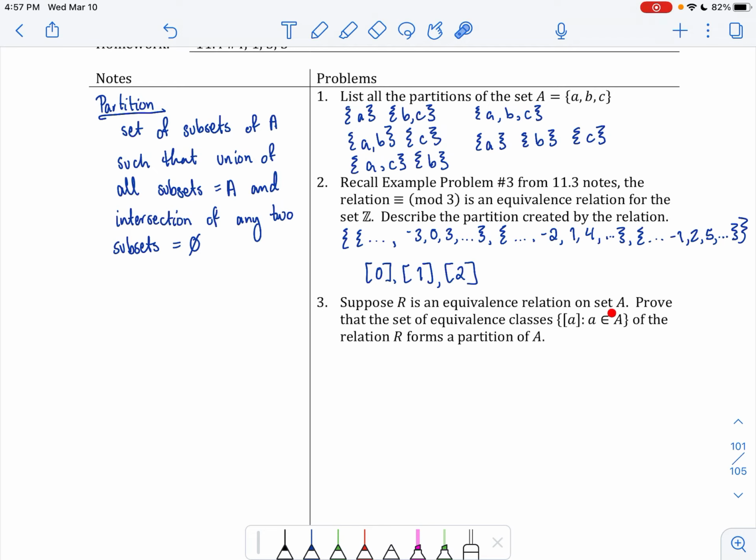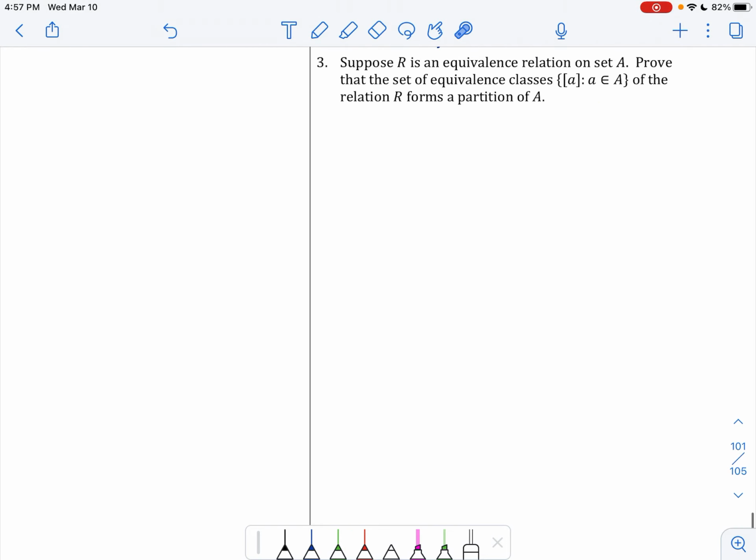If R is an equivalence relation on set A, prove that the set of equivalence classes, so in our example 0, 1, and 2, but here just any, forms a partition. So whenever we want to show that something forms a partition, our goal is to show that for all a in A, a is in some subset. Sorry if you hear thunder, it's raining outside today. So that's the idea that no element's left out.